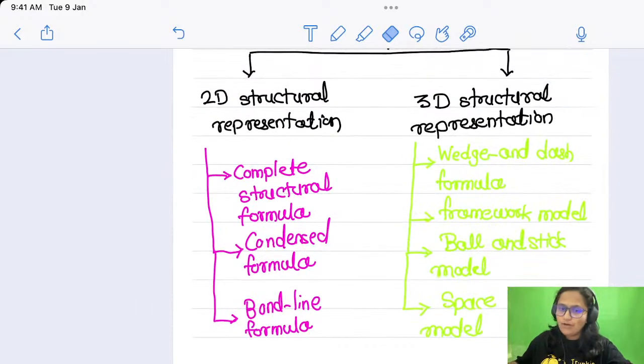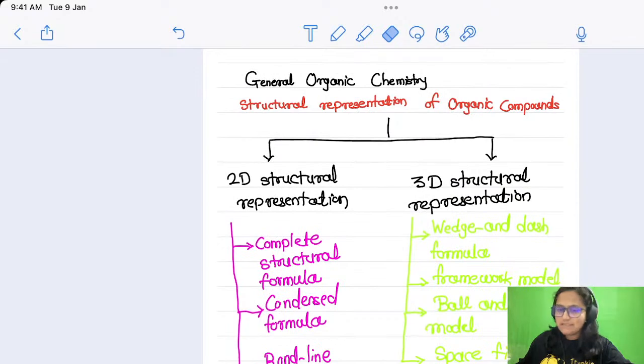Okay, yes, so first of all, you guys can do one thing. You can just take a screenshot of this page.